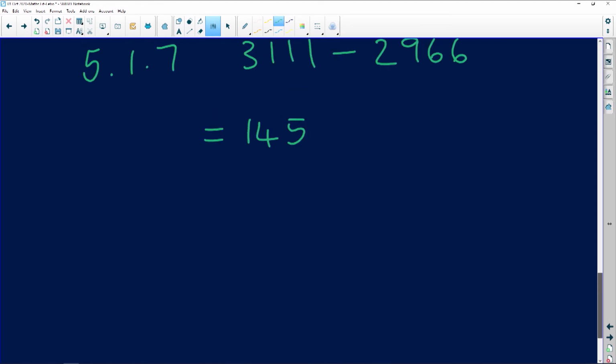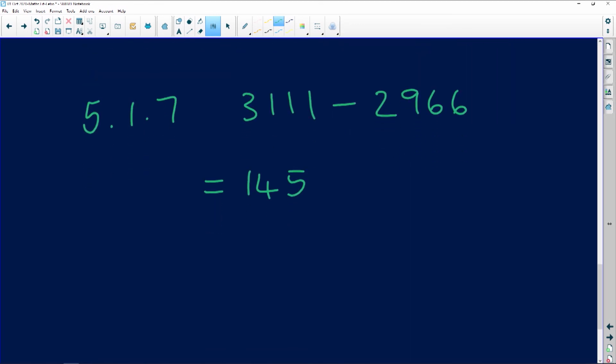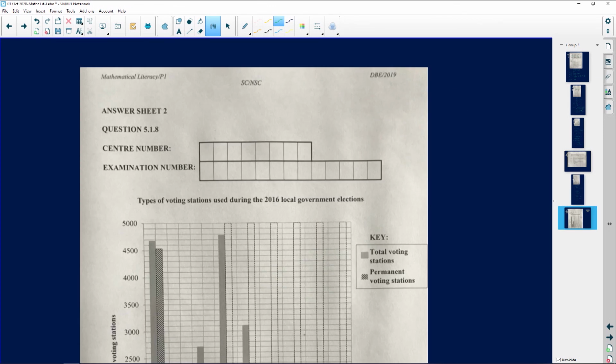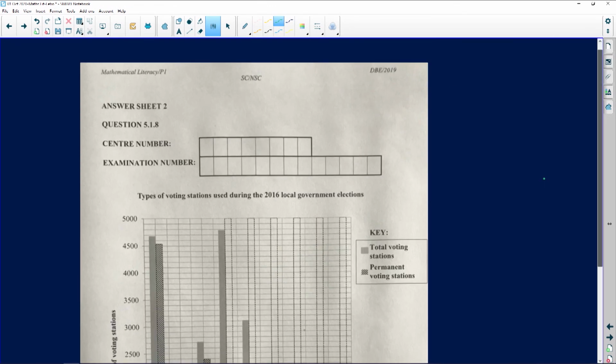Let's look at the very last question, if we can finish that off. This one says that we need to use the bar graph on the answer sheet, which shows the total number of voting stations, and fill in the remaining bars. We won't have enough time to fill in the remaining bars, but I do want us to take a quick look.